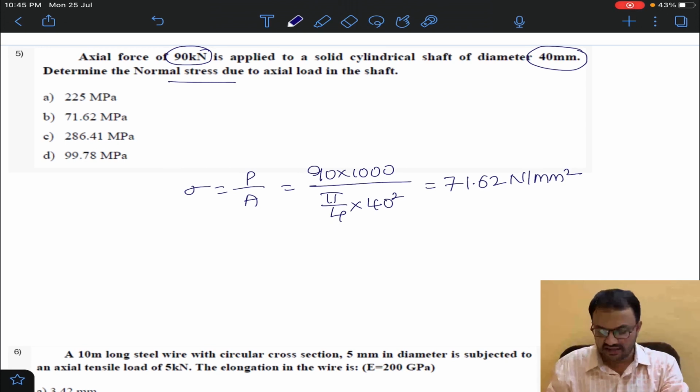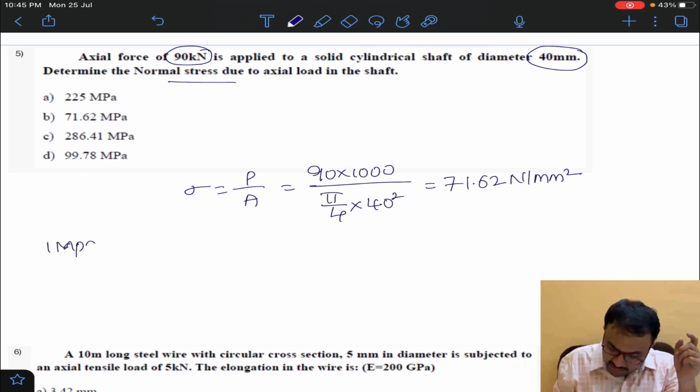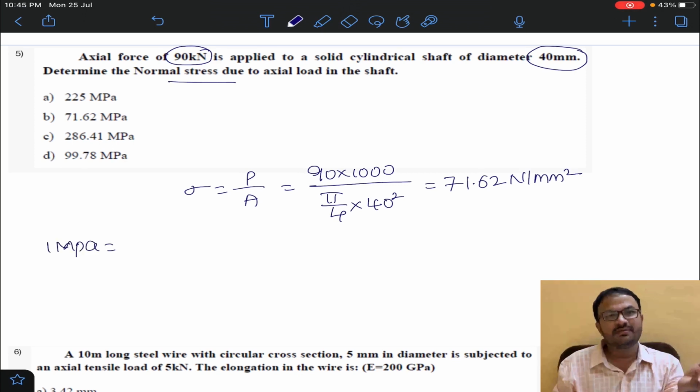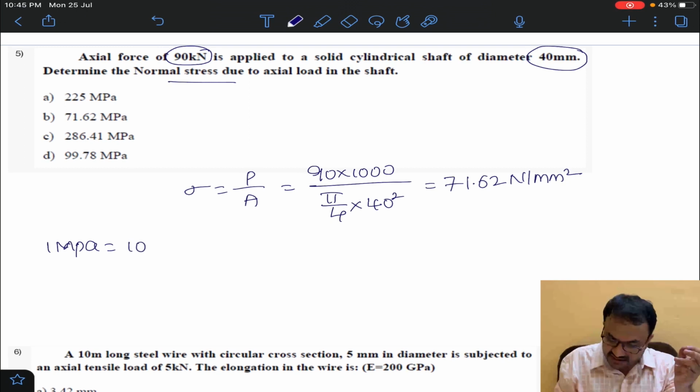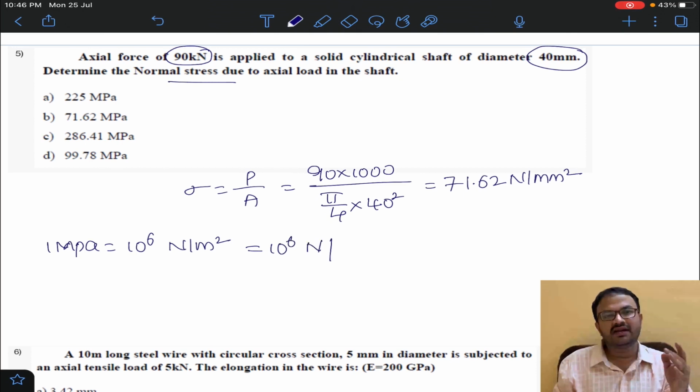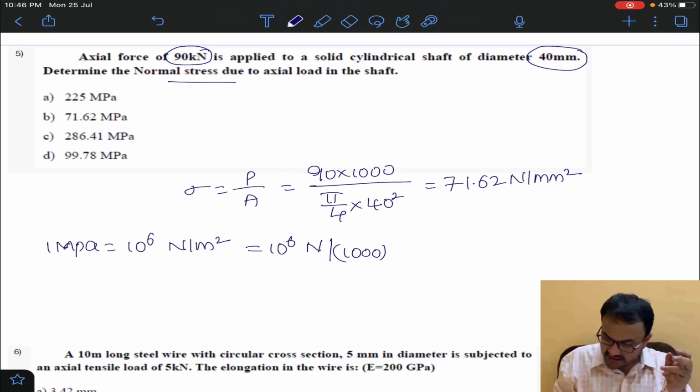What is MPa? 1 MPa is megapascal. Mega means 10 power 6. Pascal means Newton per meter square. That is 10 power 6 Newton, and 1 meter is equal to 1000 mm, so for meter square it will be 1000 mm square.